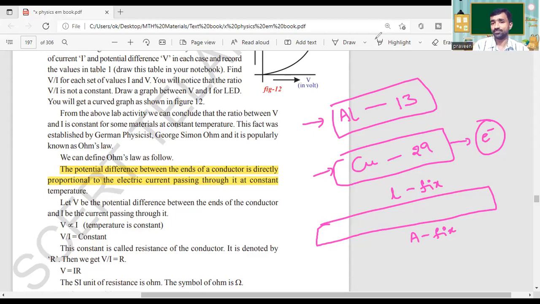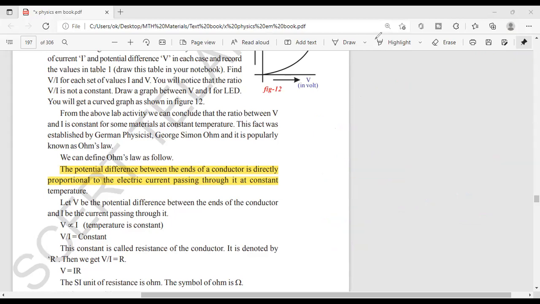The copper has more. Free electrons increase from aluminum to copper. So automatically the amount of charge flowing through it increases.